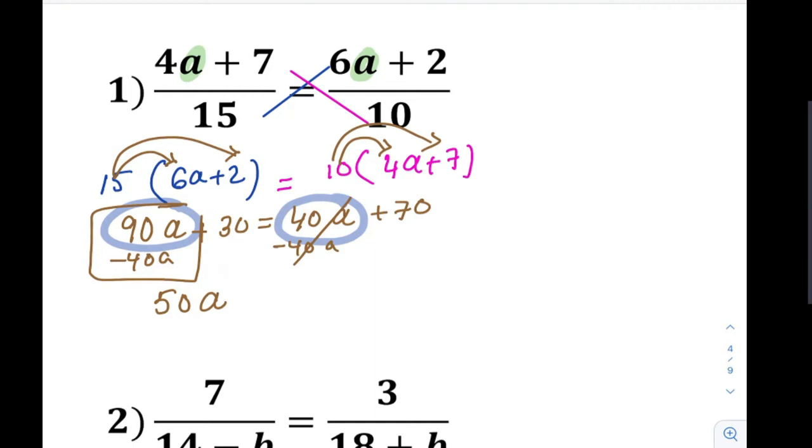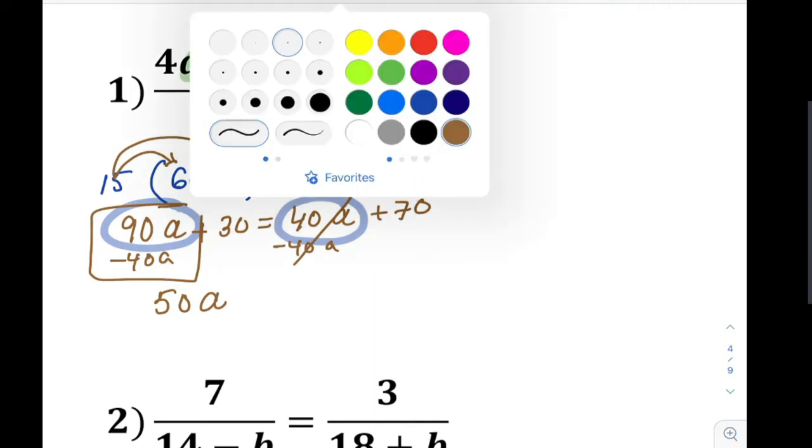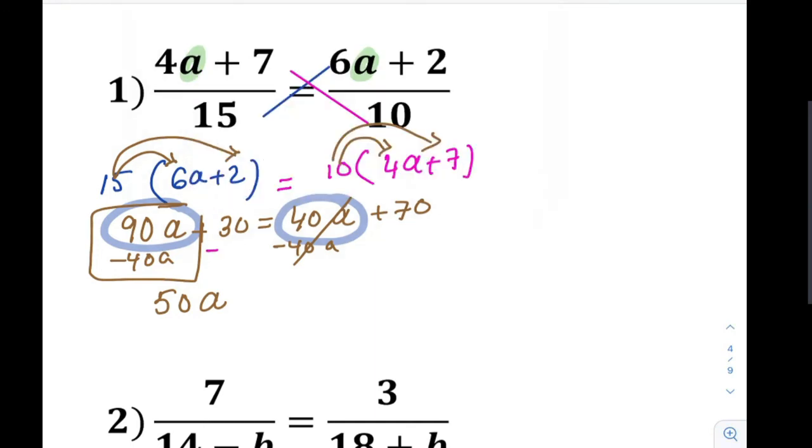And we will do the same thing again for the other one, which is minus 30, because we will shift all the numbers to the other side. We want the variables on one side, the numbers on the other side. 70 minus 30 is 40. And then we need to get rid of the 50, since 50 is multiplied by a.